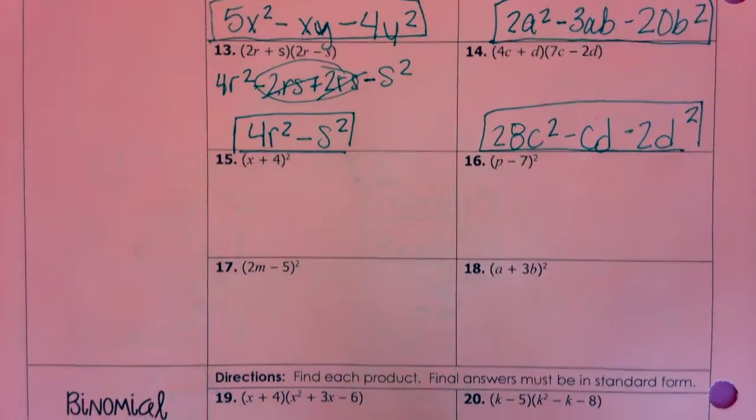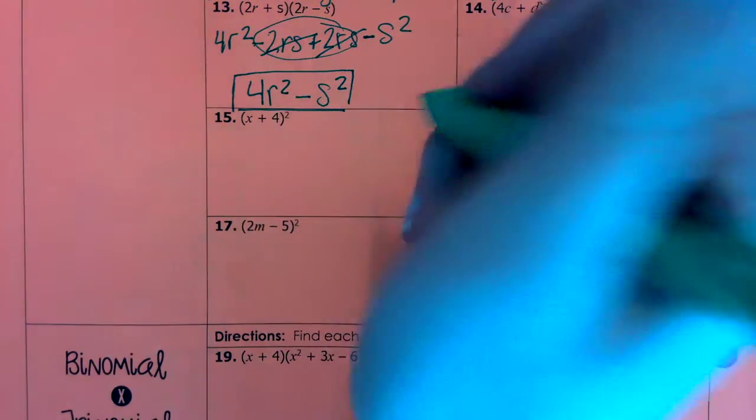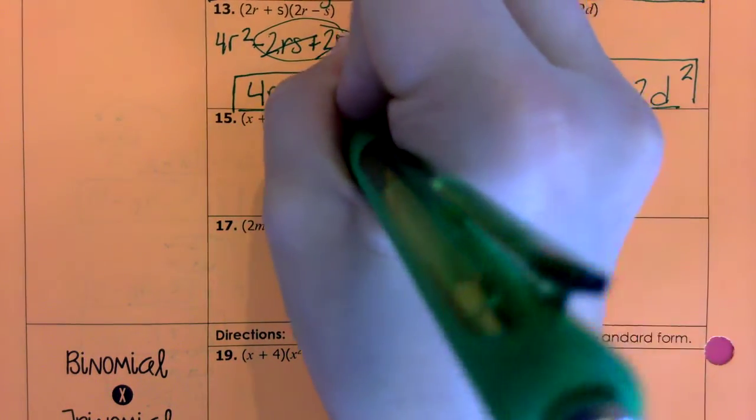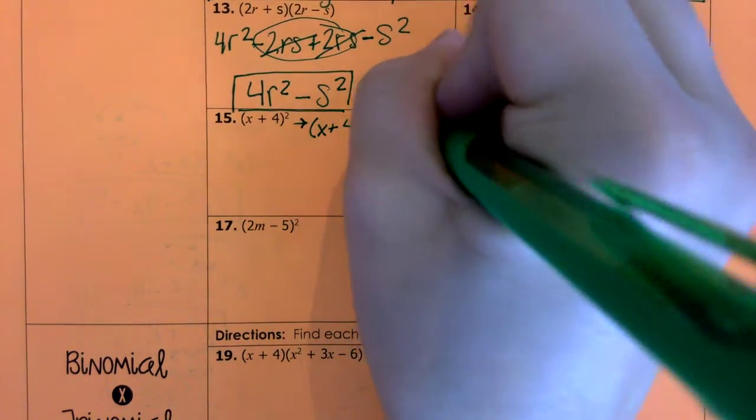Now, these last four are a little bit special in the sense that we have a square. So it says x plus 4 squared. Well, what does a square actually mean? A square means we're actually just multiplying that thing by itself. So I'm going to rewrite this as x plus 4 times x plus 4.